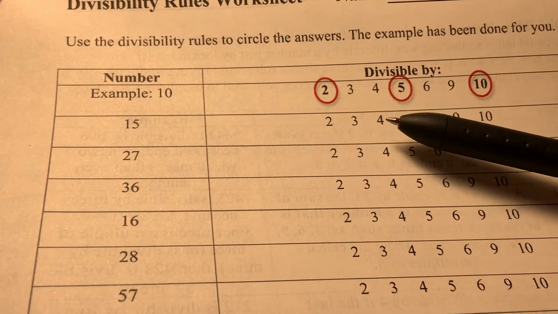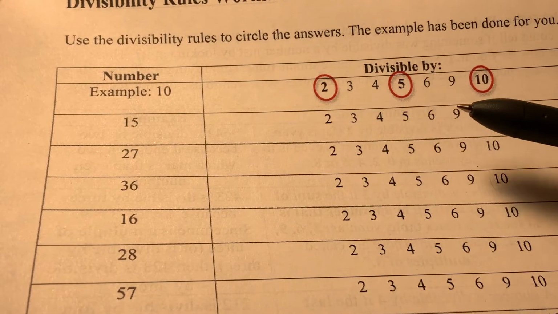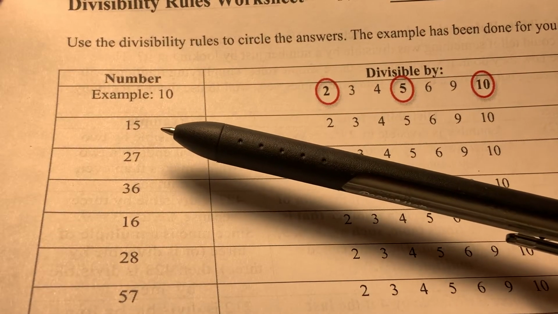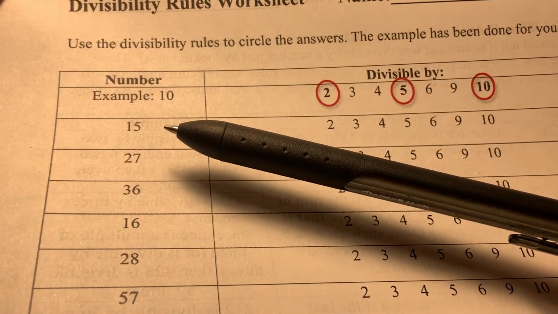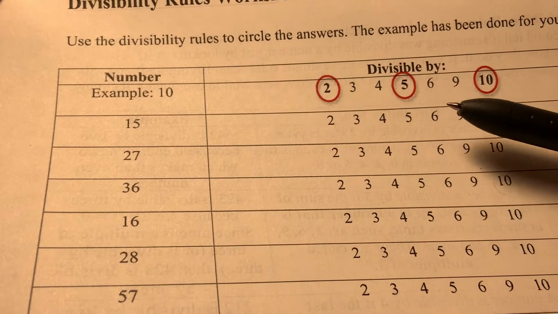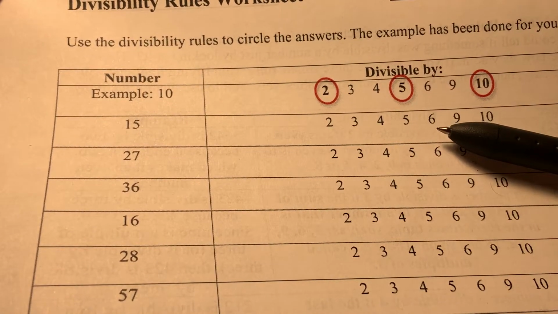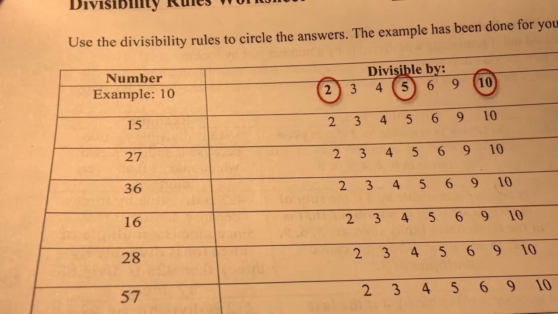So 4 is not a factor of 15. And 6, no, because, right, we know that 15, again, is not in the 6 times table, so that's not going to work. All right, it's also not an even number. Remember, 6 can only go into numbers that are even and divisible by 3, okay? And 9 and 10 obviously aren't going to work either.